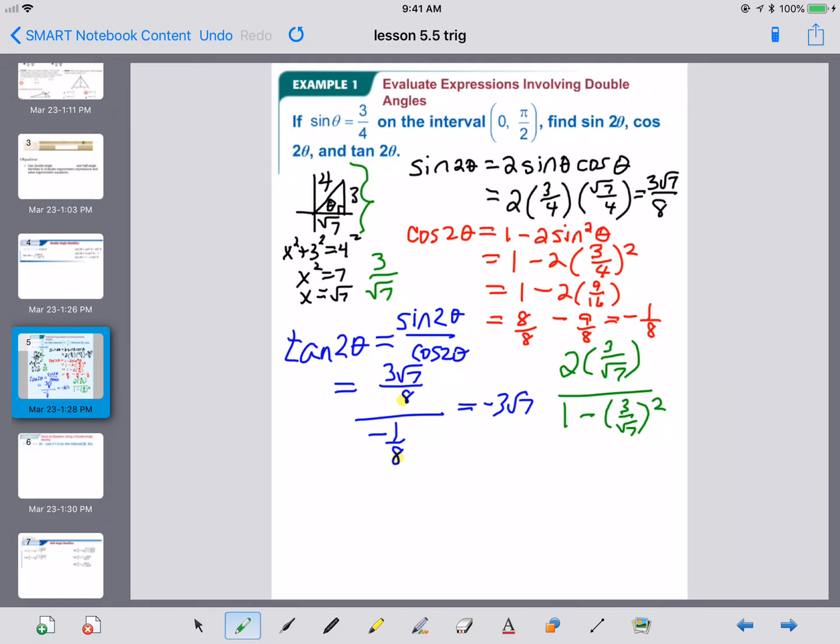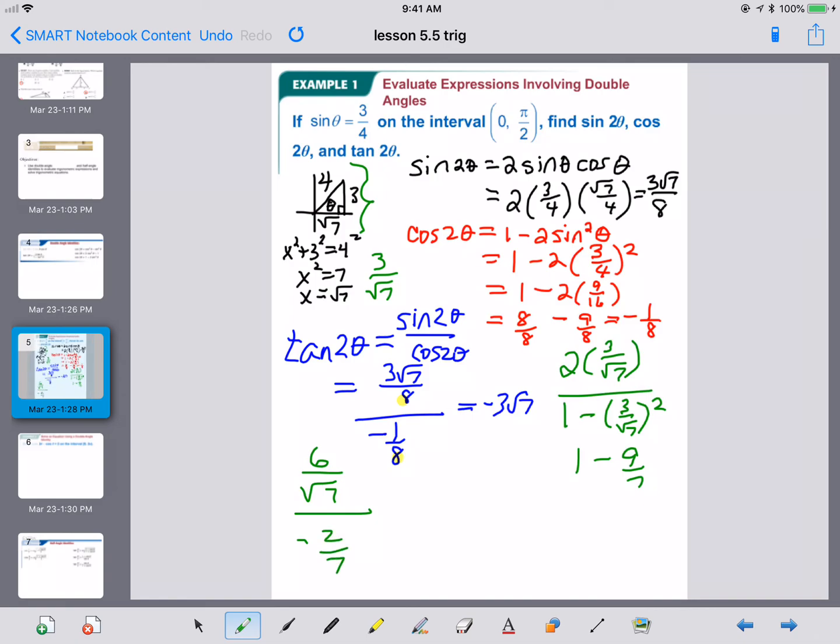So let's look. We get 6 over radical 7 over, let me scooch this over so I have more room, 1 minus 9 over 7. So that would be 7 sevenths minus 9 sevenths is negative 2 over 7.